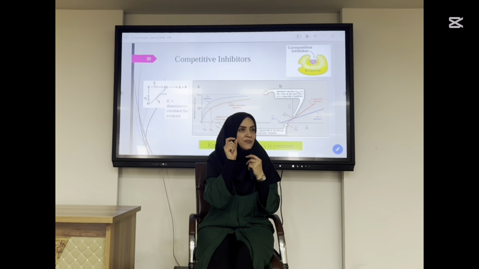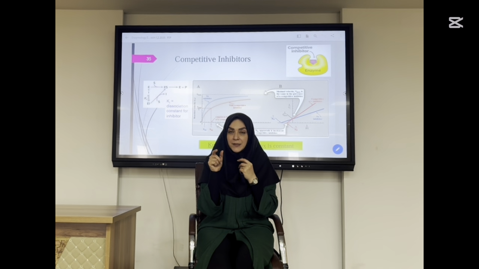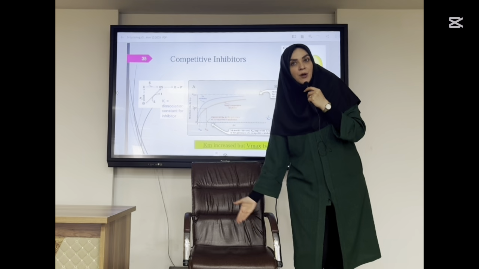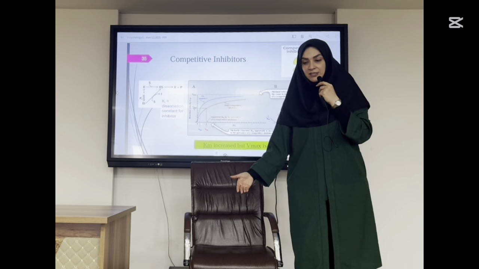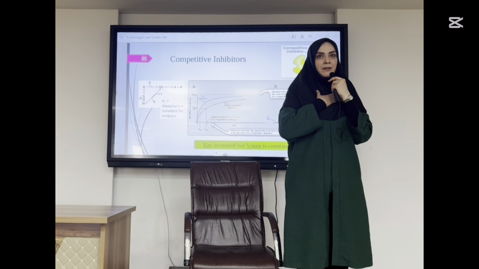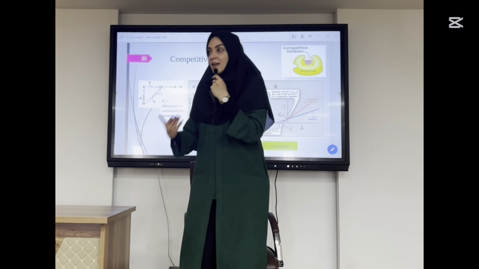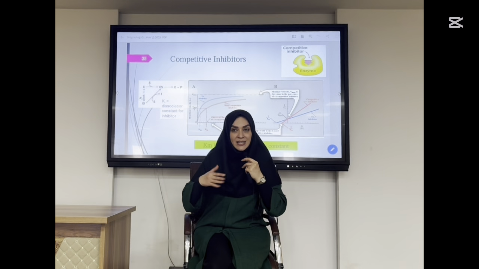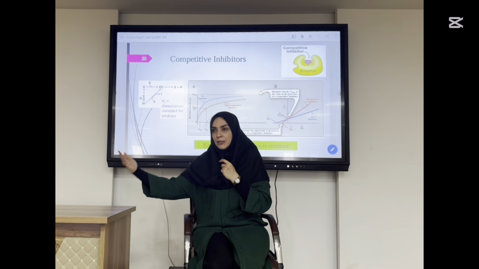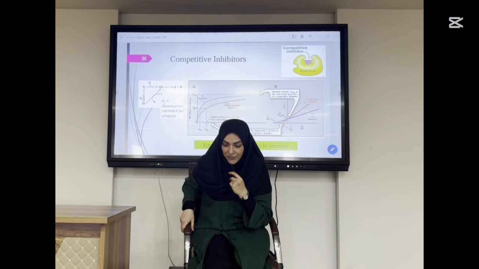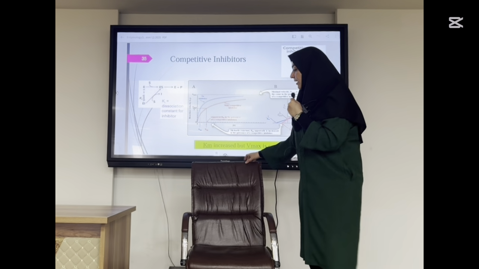Do you remember about the affinity of enzyme? We have one definition, Km. Do you remember? Km depends on active site properties. For example, I am the inhibitor. When I sit on the active site, I can change the affinity of enzyme to the substrate. How can I affect this affinity?